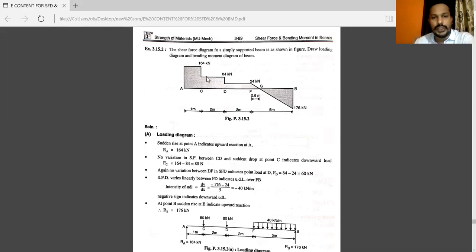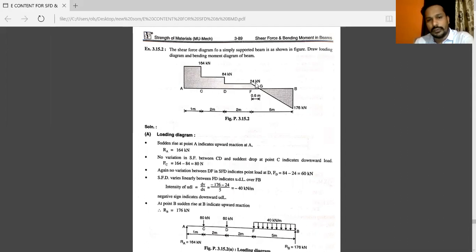In between C to D, a straight line is given, so there is no force. But at point D, you can see 84 and then 24 kilonewton. From D to F, there is no force, so the line will be straight. At point F, the value is 24 kilonewton.